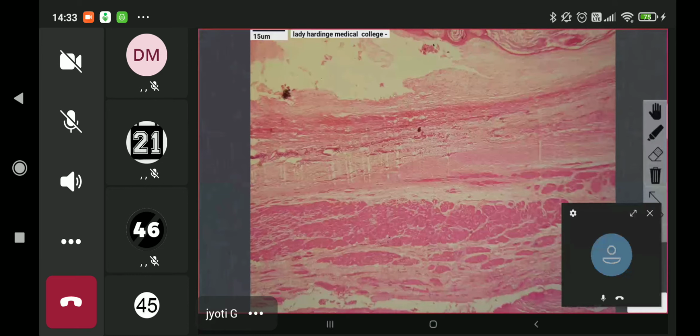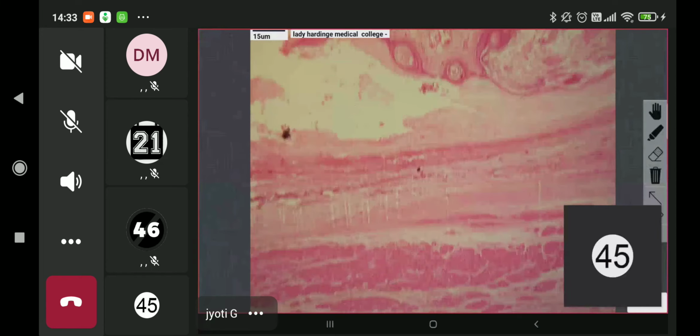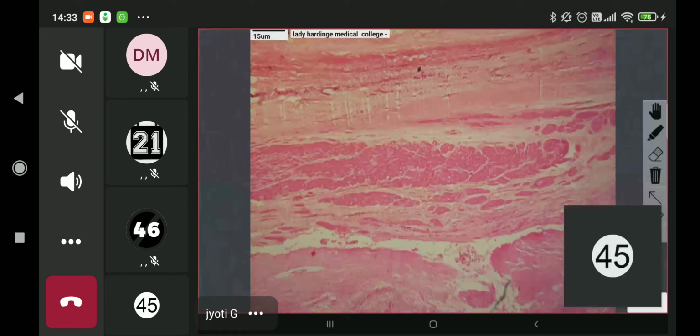Can you see the slides on your screen? So what are you seeing now? What is this tissue?